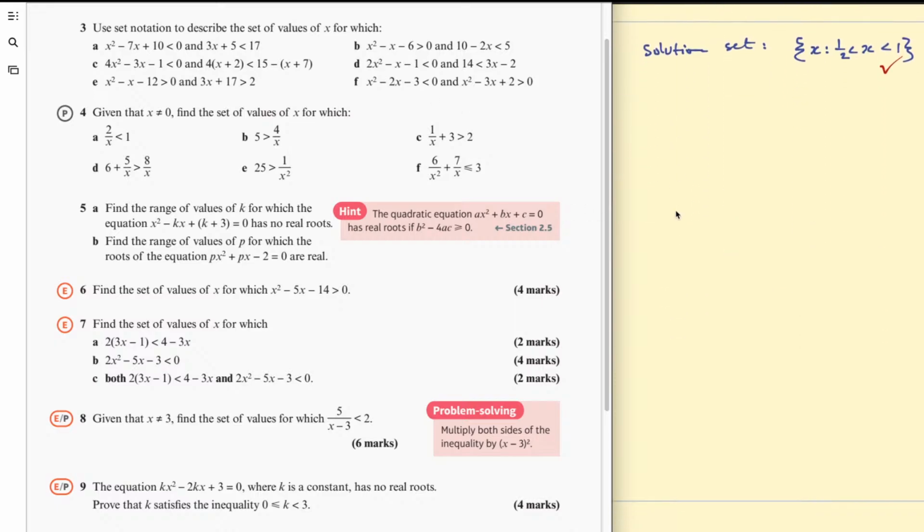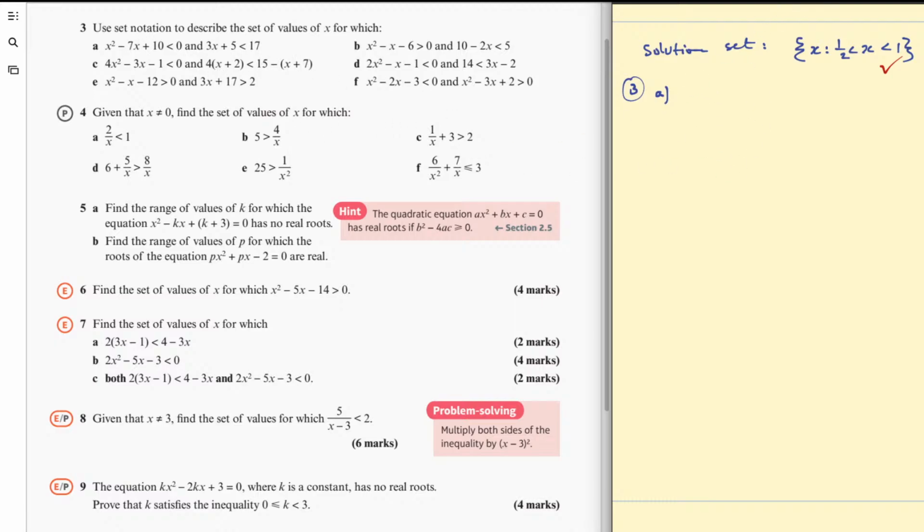Let's have a look. It says use set notation to describe the set of values for x for which the quadratic and the linear equation. So basically we have two inequalities here. I'll do one of these. Okay, C looks interesting somehow because we have some brackets in there.